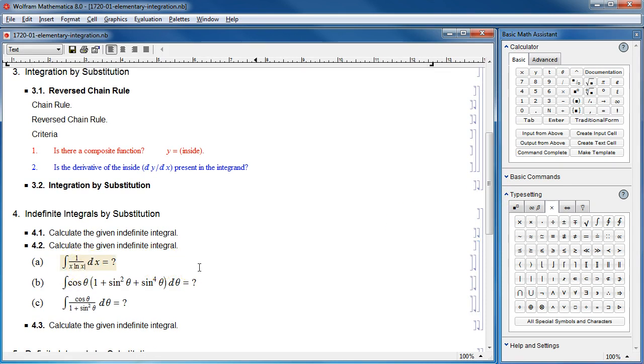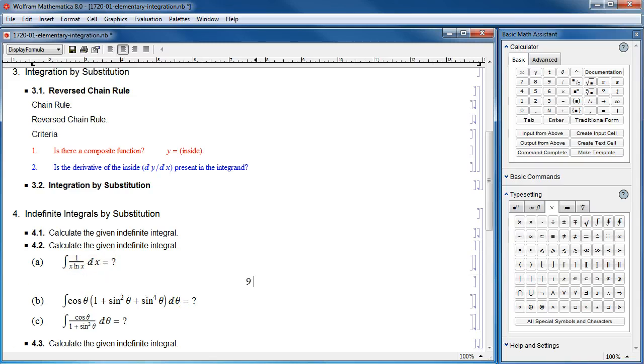It is tempting to take my substitution as the entire denominator, like this: u as x log of x. And then what is my du? We'll have to take the derivative of x log of x, and at this moment you should see that this is not really working out. But let's suppose that you didn't see it.